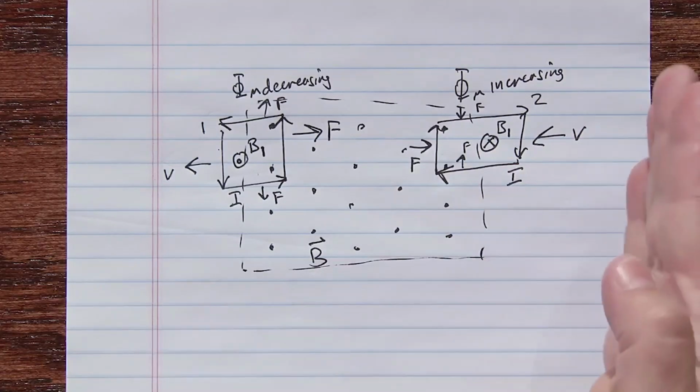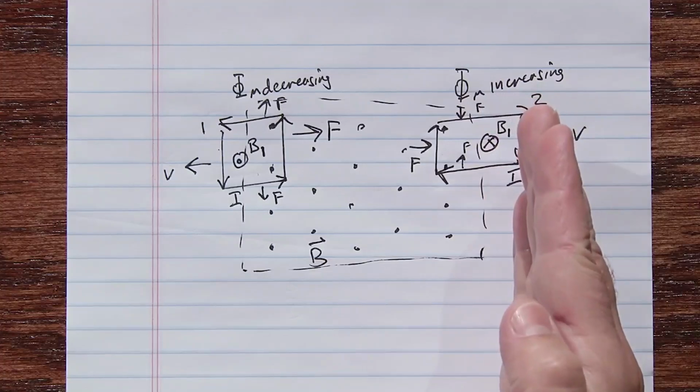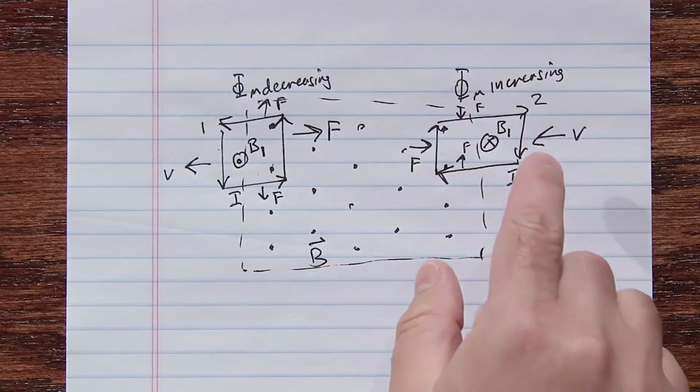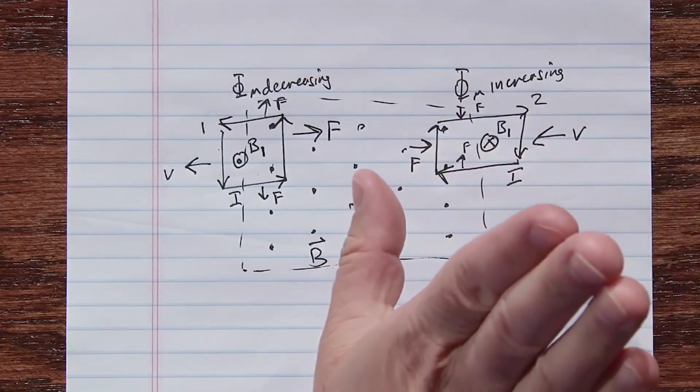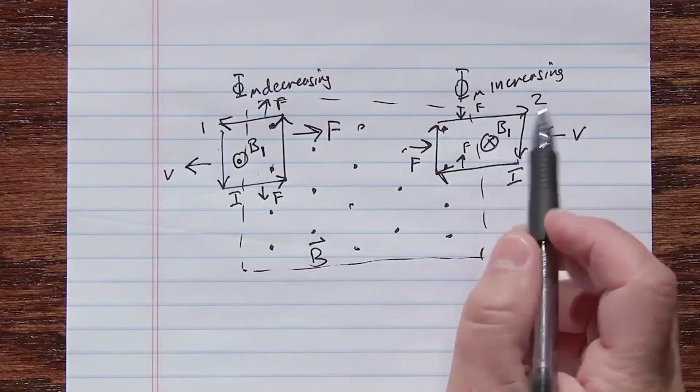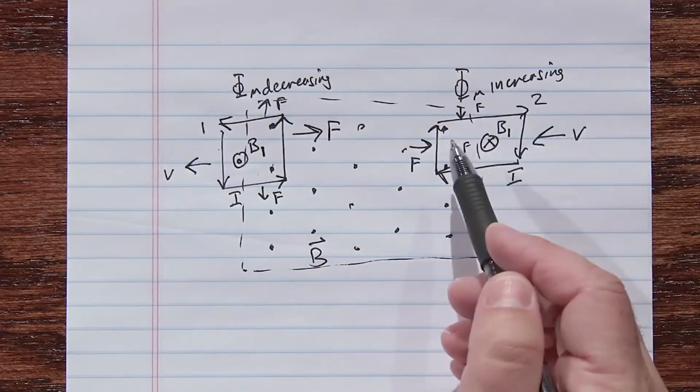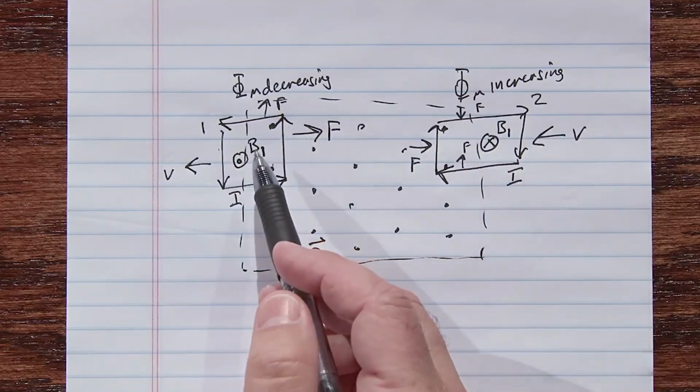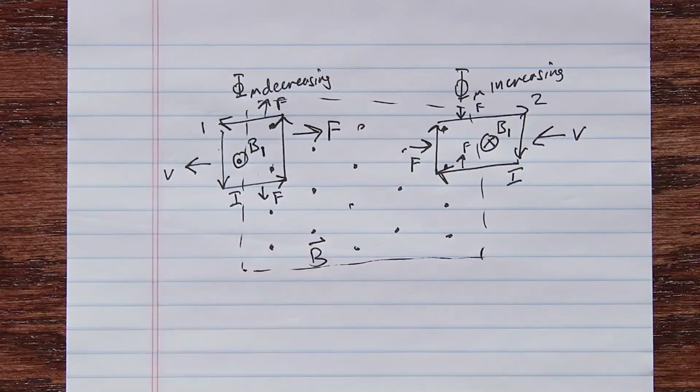So as we try to push this loop into the magnetic field, the magnetic force on the induced current actually pushes back. So if the loop is not in the magnetic field, there is resistance to pushing it in. If the loop is already in the magnetic field, there is resistance to pulling it out.